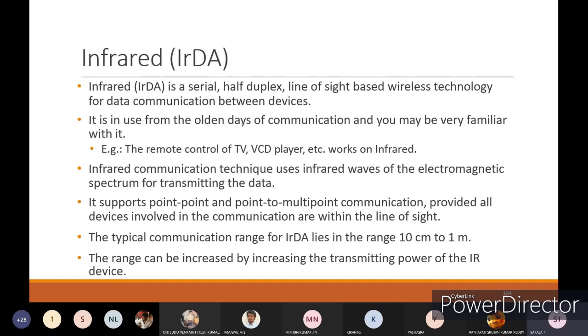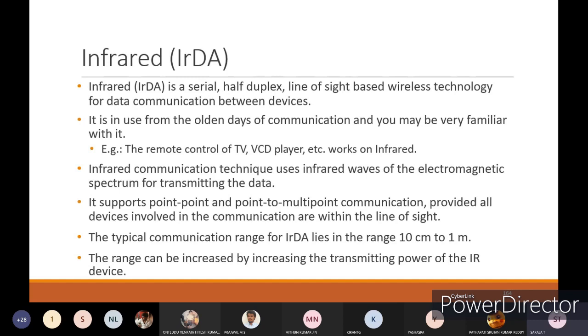communication between devices, and it has been in use from the olden days of communication, and you may be very familiar with it. The remote control of TV, VCD player, etc. work with infrared. For example, a TV remote control also has infrared communication ports.